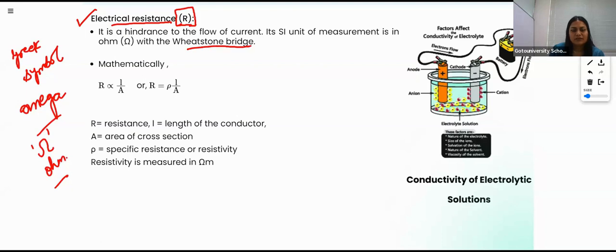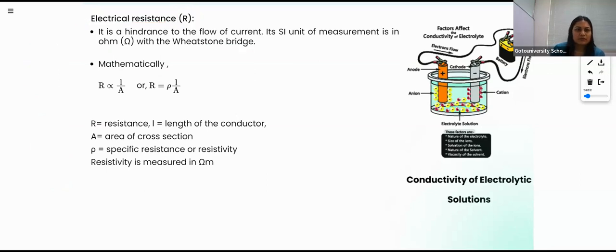We have also studied electrical resistance in the Wheatstone bridge, which you have studied in physics class also. So mathematically, how do we calculate the electrical resistance?